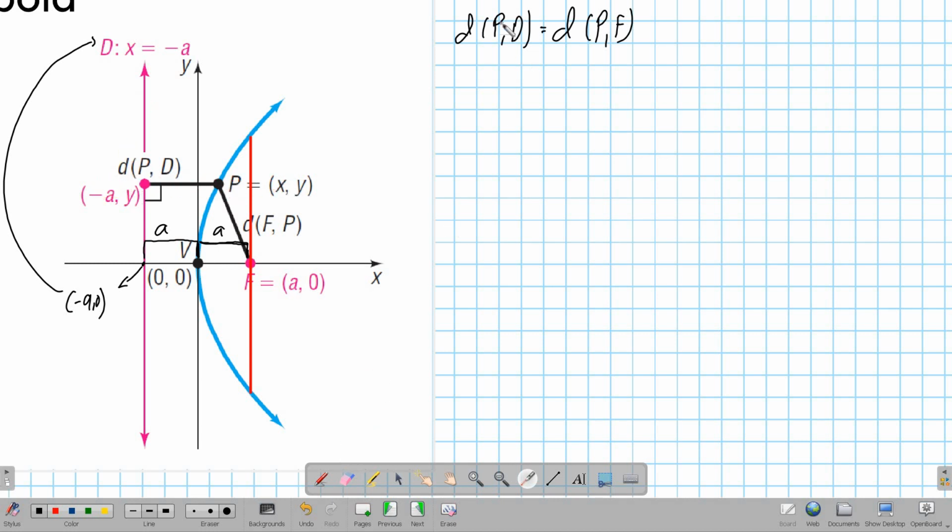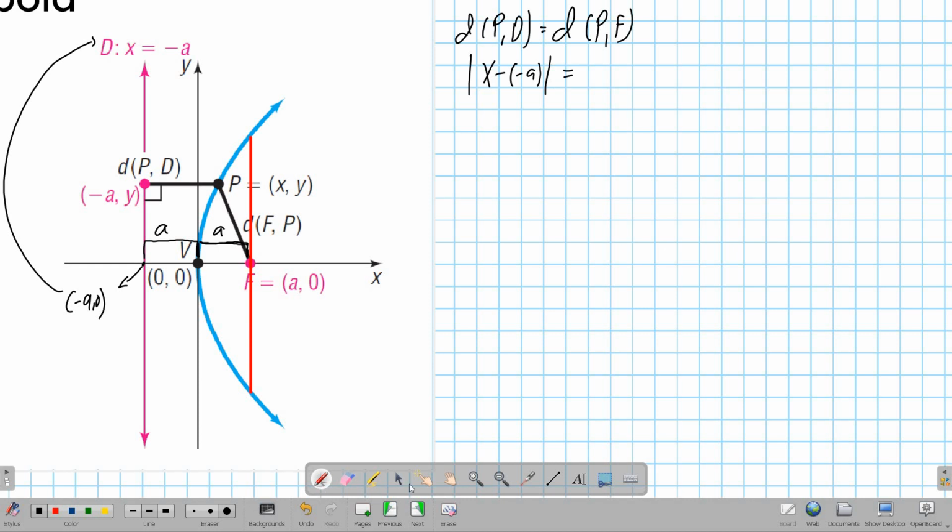So the distance between this point and this line would be the absolute value of x minus negative a. Absolute value because we're getting distance, not the directed distance. And if we get the distance from a vertical line, we subtract the abscissa of the point from the value shown in the equation of the vertical line. That's why we have x minus negative a.